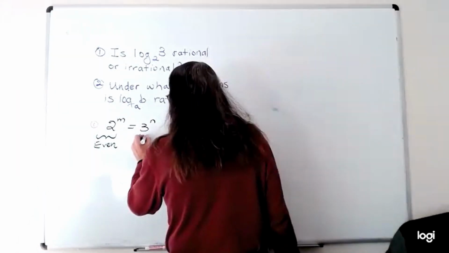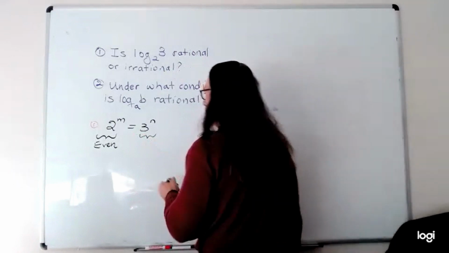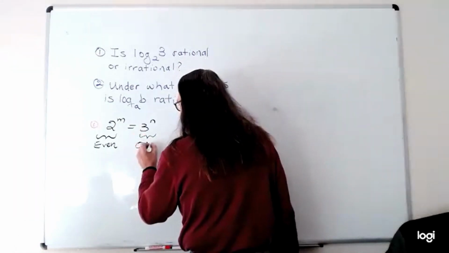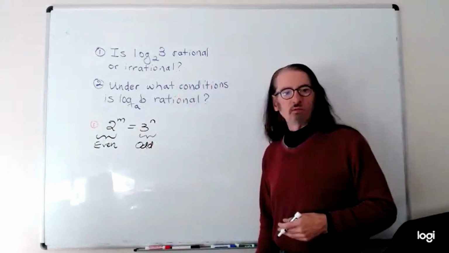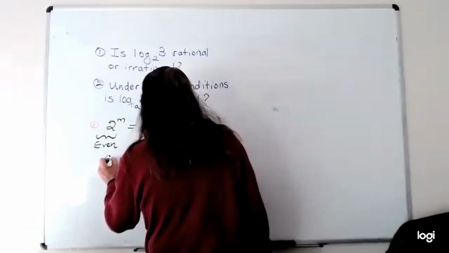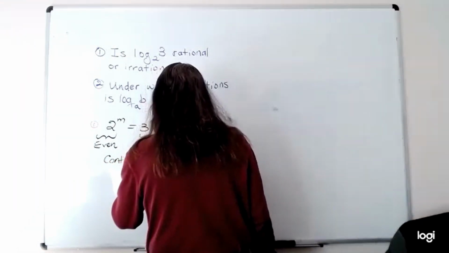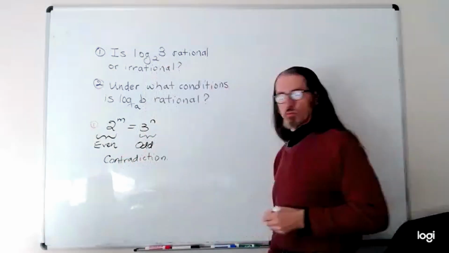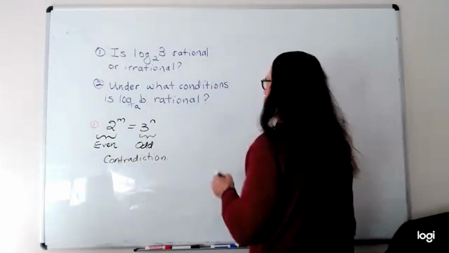And similarly, whenever n is some positive integer, then an odd times an odd is odd, times another odd is odd, so that whole right-hand side is odd. These cannot be equal. And so no, the log of 3 in base 2 is not rational.